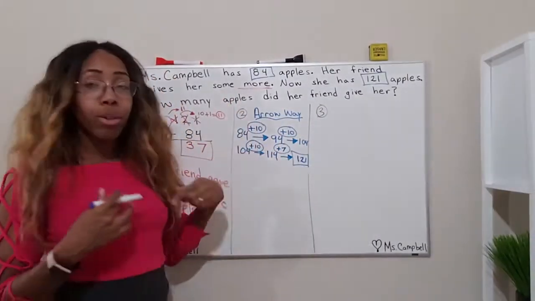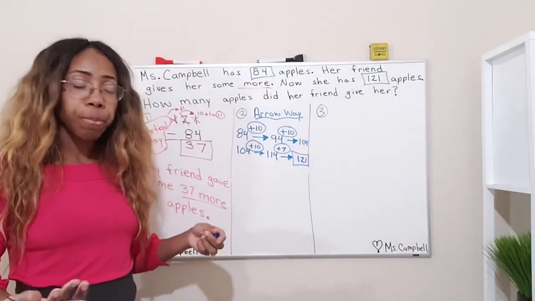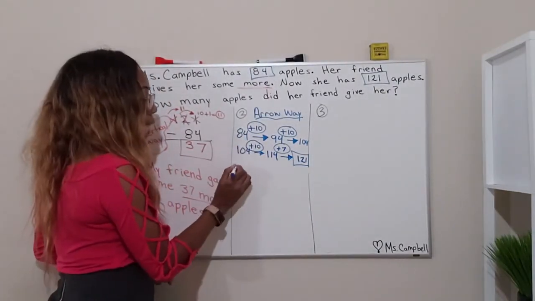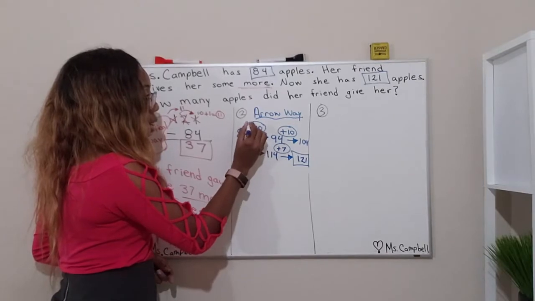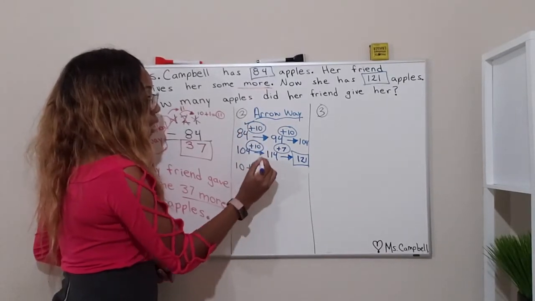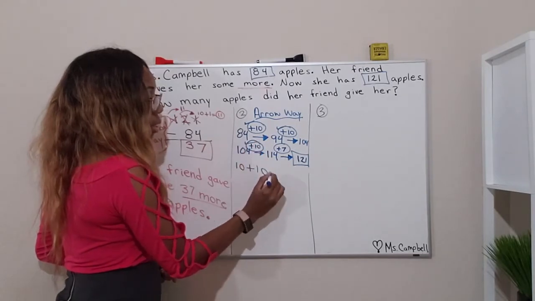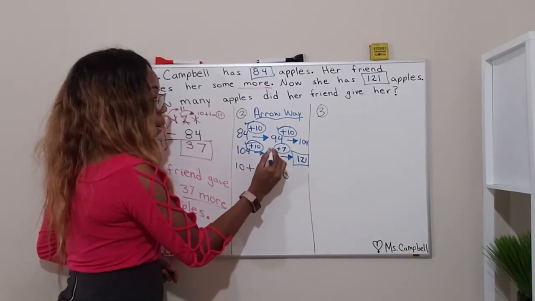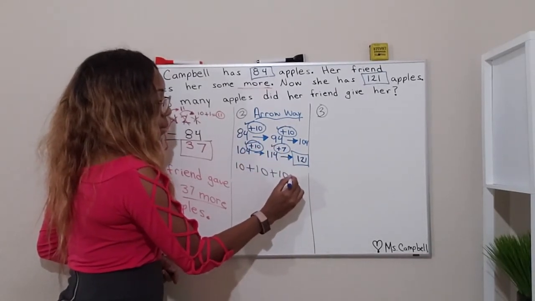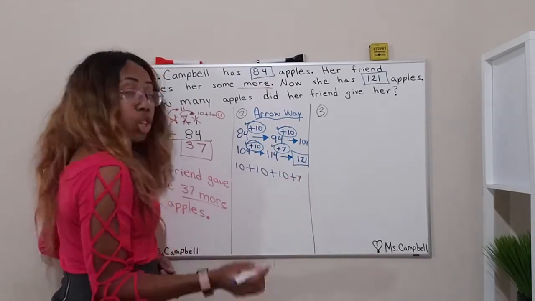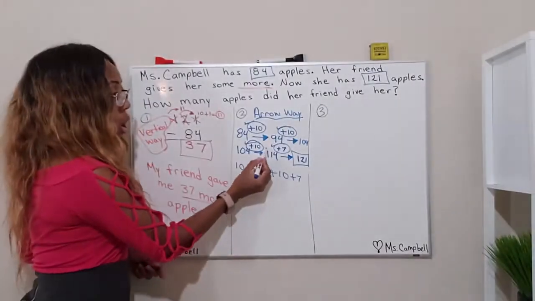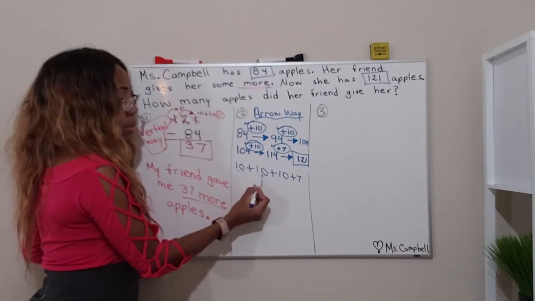How many more apples did my friend give me? So I'm going to say 10, right? Plus 10 plus 10 plus 7. So now we have all of them. We have 10 plus 10.